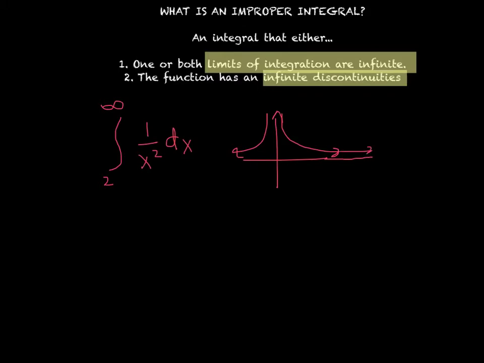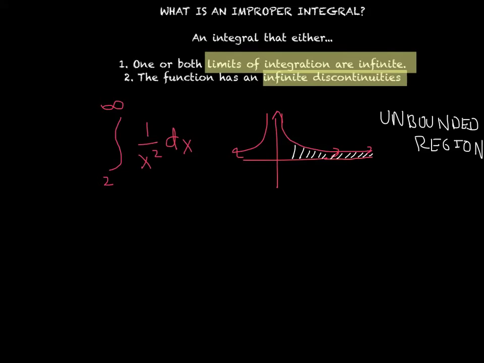And so you are finding area that really never ends. That's called an unbounded region, because technically, if you go from 2 to infinity, it never ends. You're going to get an infinite amount of area.